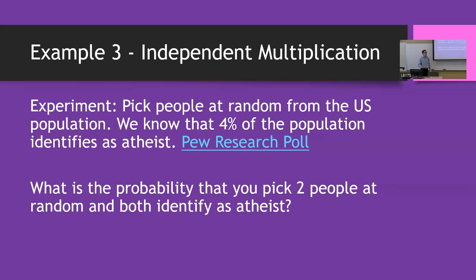If you pick a second person, regardless of what happens on the first person, it's still 4% because really that 4% didn't change on your second pick. Does that make sense? So if you're picking from really, really large groups and you have approximate percentages, you can assume independence.